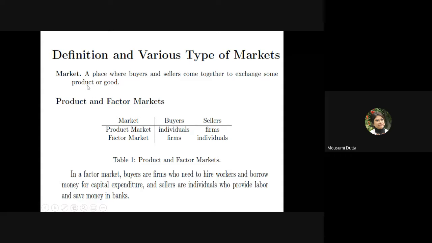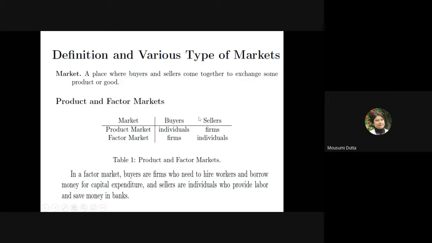Now, when I am using the term product and the term market, I have to say broadly what the types of markets in an economy can be. Broadly, there will be two types of markets in an economy: commodity market or product market, and factor market.